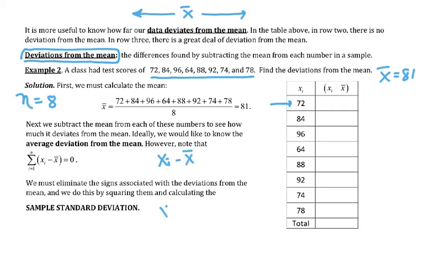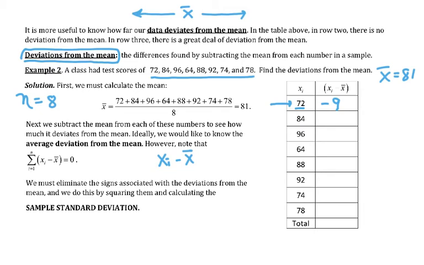So the first value in my table is 72. So x1 minus the mean would be 72 minus 81. And that, I believe, is negative 9. So some of these are going to be negative because this is below the mean, and some are going to be positive because they're above the mean.